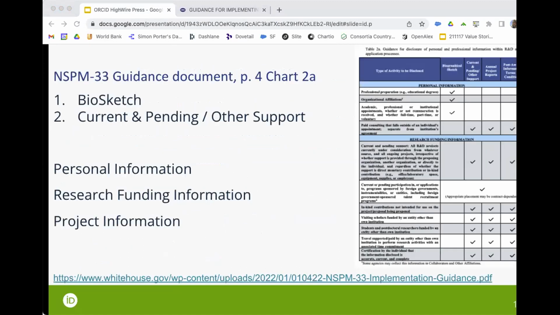Within this guidance document, when you open the document, if you can go to page 4, chart 2A is the key chart for this particular conversation. You'll find in this chart, there are 3 sections that specifically list which content is required for researchers to provide within specific forms. The 3 sections are personal information, research funding information, and project information.